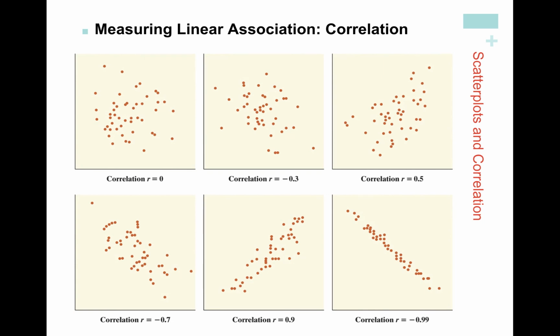And here's the strongest of all where r equals -0.99. Now, if I covered up all of these correlations and just showed you the scatter plots, and gave you a list of correlations, could you match up the correlation to the diagram? You better be able to, because that is a very, very common quiz, test, and AP exam question.